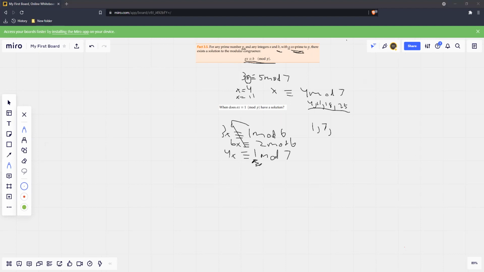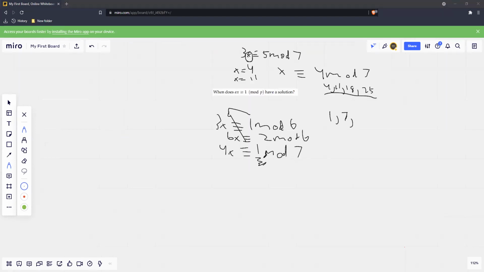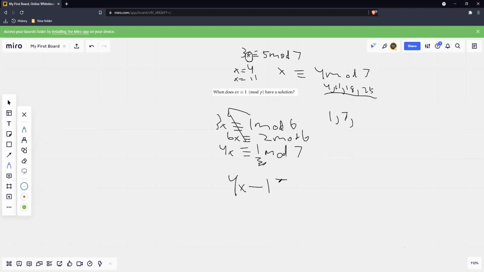So 4x is congruent to 1 modulo 7. Let's try this. Basically, 4x minus 1 is congruent to 0 mod 7. So we are saying there's going to be some value of x such that 4x minus 1 is a multiple of 7. Well, let's just try some values.